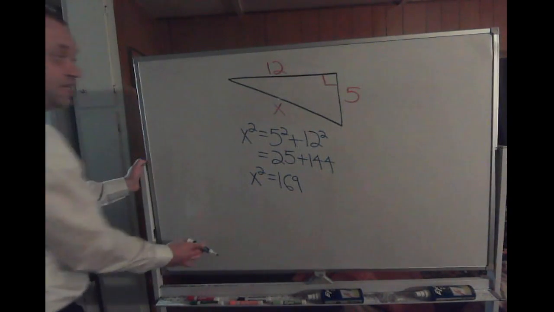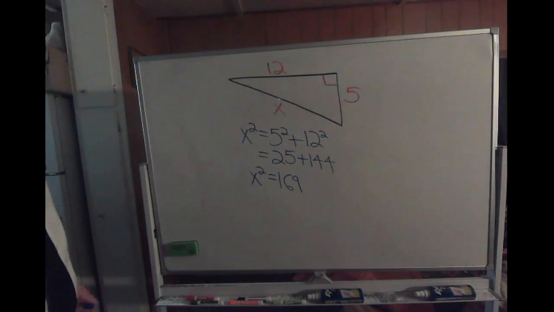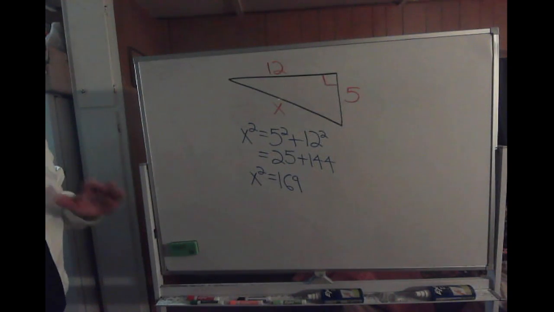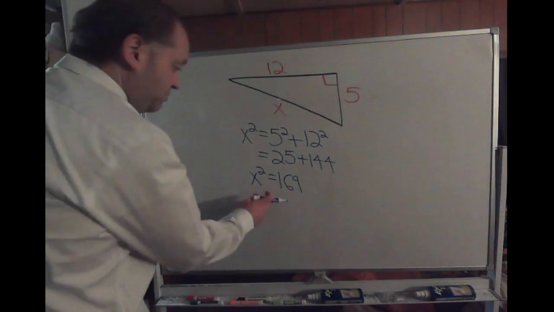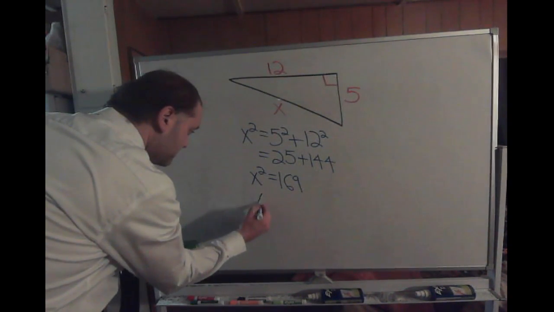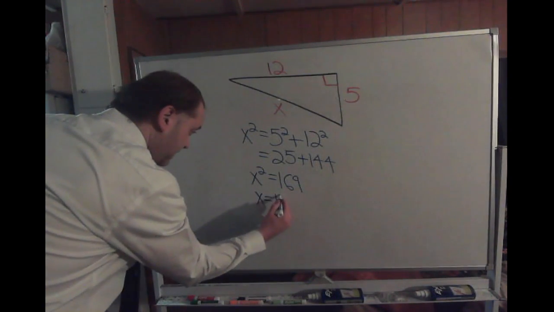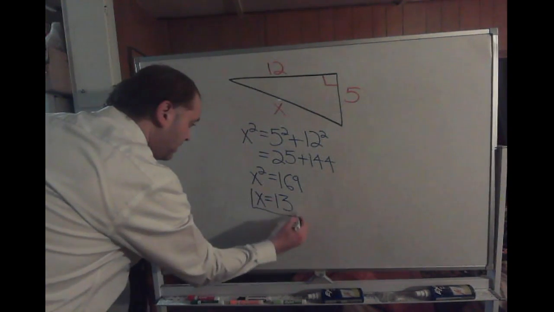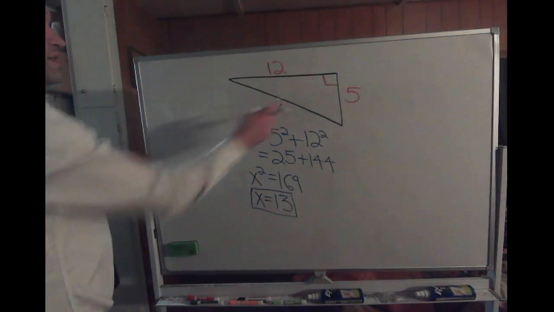Well, now we just need to find plain old x. Well, of course, since it's a length, we're only considering the positive square root. So the positive square root of 169 would be 13. So the length of the hypotenuse with length x is 13.